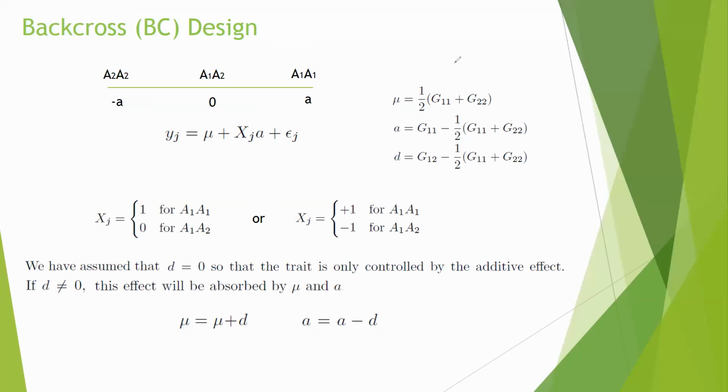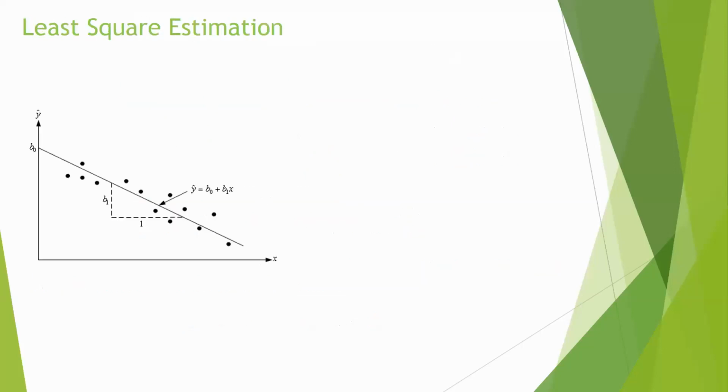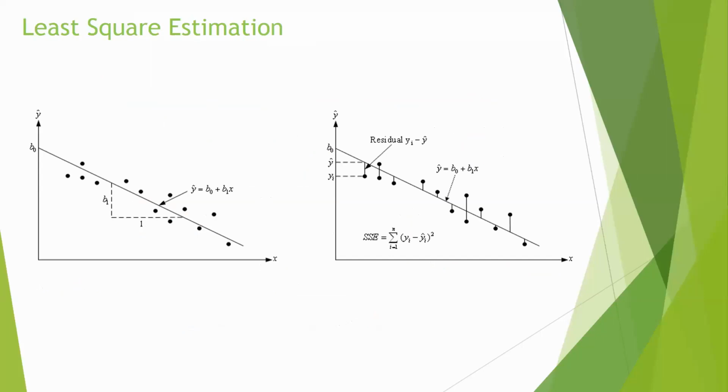Since we now have a mathematical problem, we can easily use least squares to estimate the B here. B1 is the A, the additive effect, in our model.